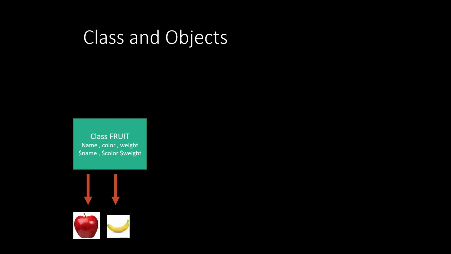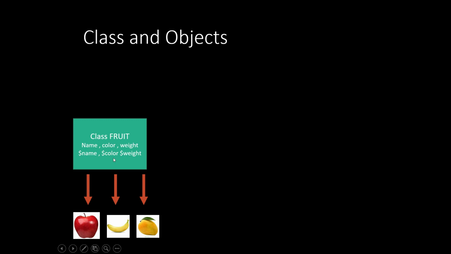The name is banana, the color is yellow, and its weight is, for example, 11 gram. Similarly, we create a third object of the class fruit, and the object is mango. The object name is mango, its color is yellow, and its weight is 20 gram. So the objects are instances of the class.